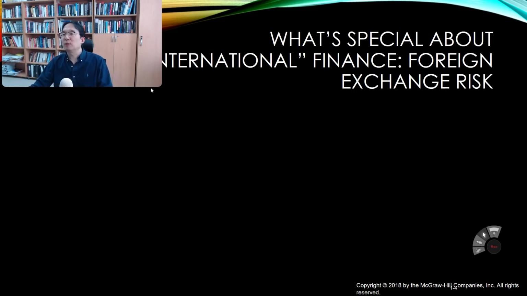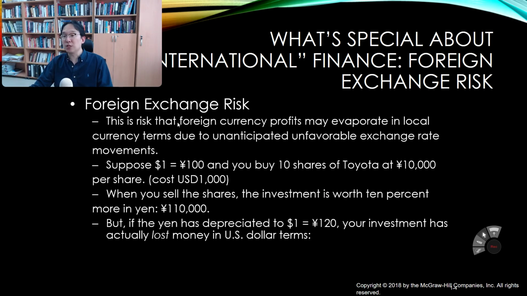What's special about international finance? Foreign exchange, I told you. This is the risk that foreign currency profits may evaporate in local currency terms due to unanticipated, unfavorable exchange rate movement. Suppose $1 is equal to 100 yen. You buy 10 shares of Toyota Motors at 10,000 yen per share, and it costs 1,000 US dollars.